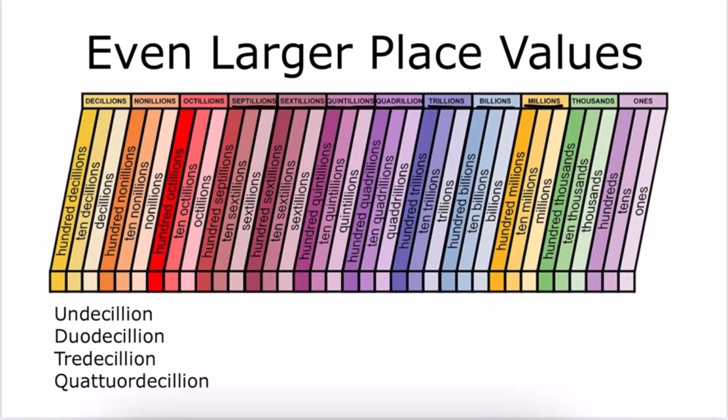And if you notice, the root words in these place values basically match the numbers. So like bi means 2, tri means 3, quad means 4, quin means 5, sextillion is 6, septillion is 7, octillion is 8.